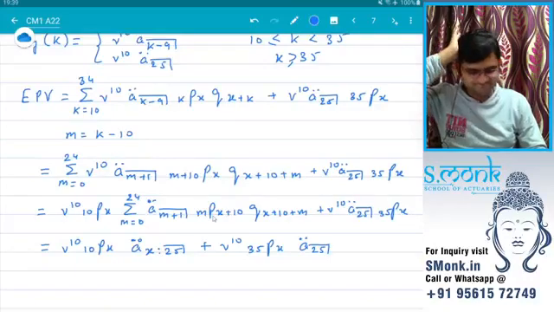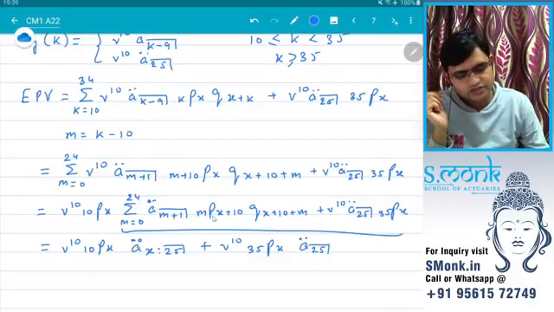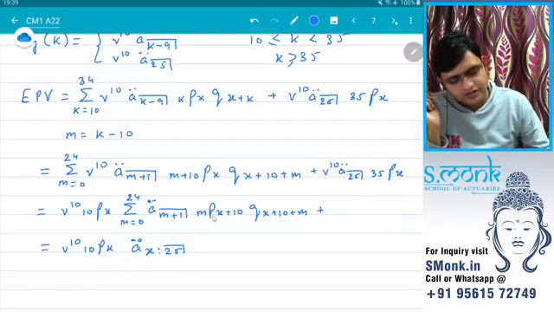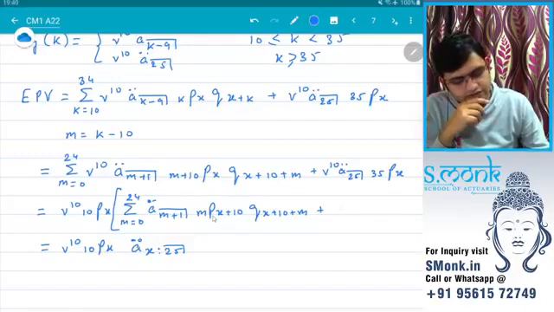Actually, this total will make this, because v raised to 10 comes out and 10 px comes out, and we will have a due 25 at x plus 10.